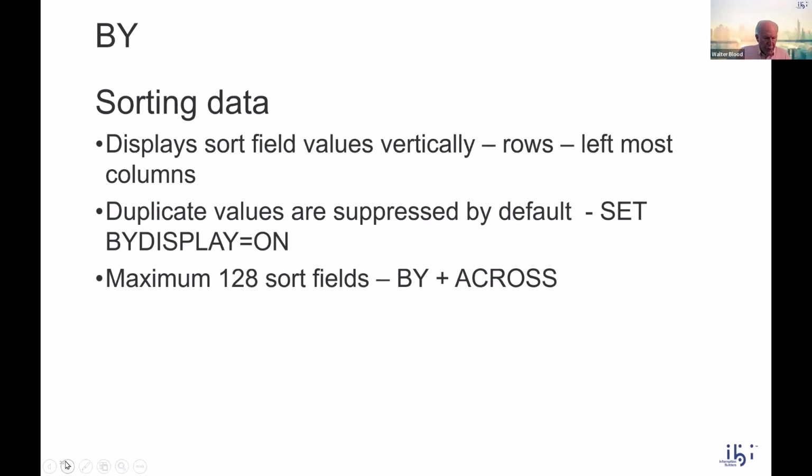We changed the way that we handled ACROSSes once we built our internal sort API, which now allows us to do a lot of additional stuff. It allowed us to increase the number of sort fields, and it gives us the ability to mix and match these. So if you want 128 ACROSS fields, you can have that. If you want 128 BY fields, you can have that, or any combination in between.